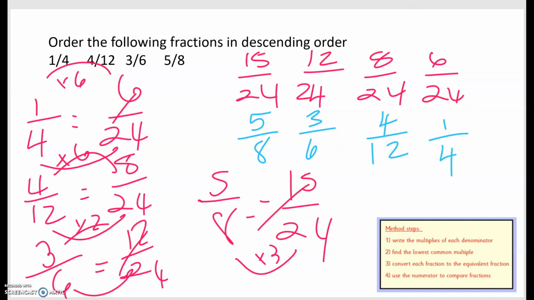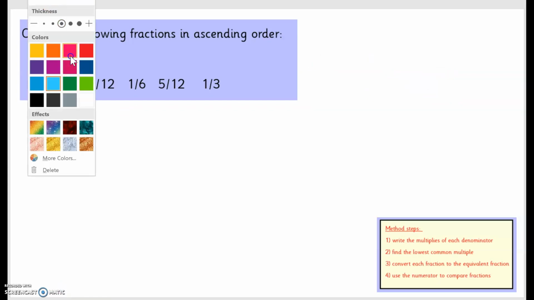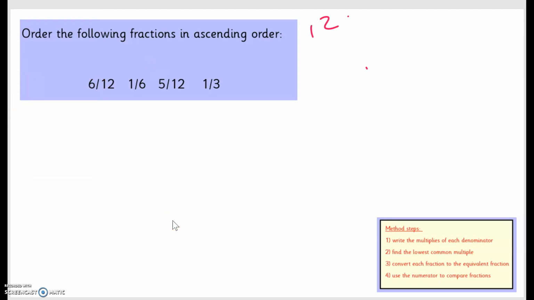Okay, I've got one more example for you, and then you should have lots of examples to help you. So this one is put the fractions in ascending order. So the exact same thing I did before, I'm going to go in and write my multiples. 12, 24, 36, 48; 6, 12, 18, 24.